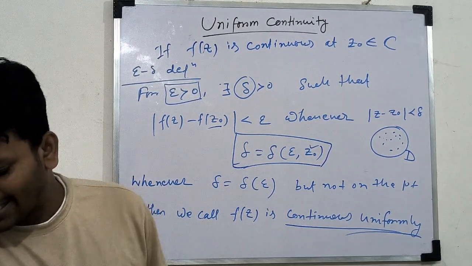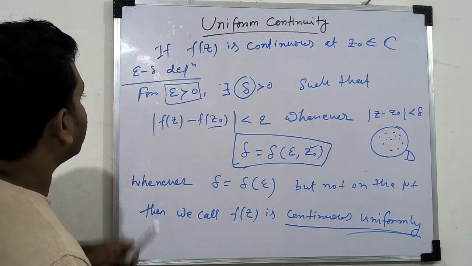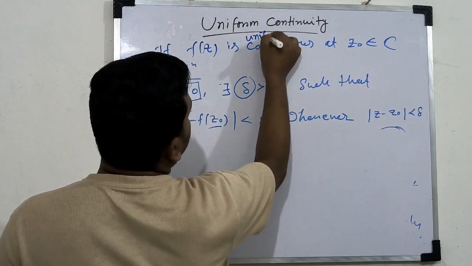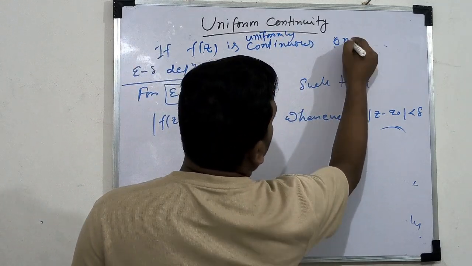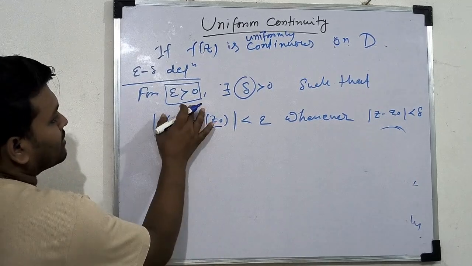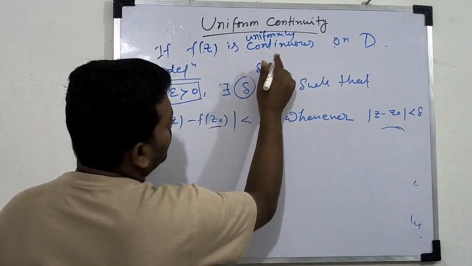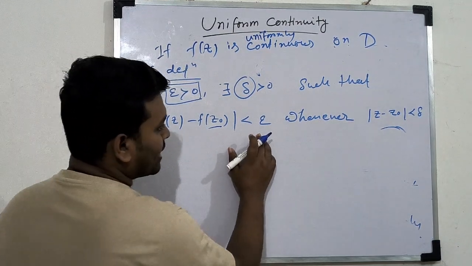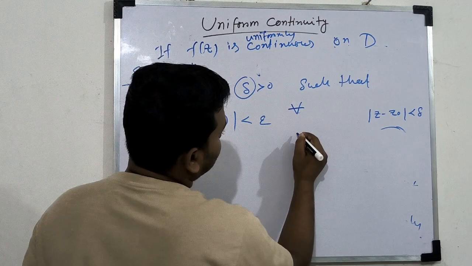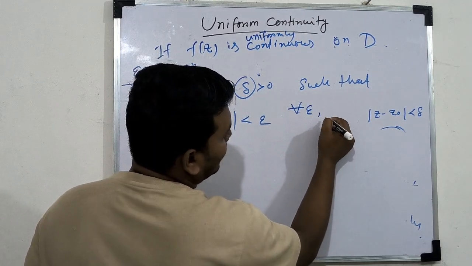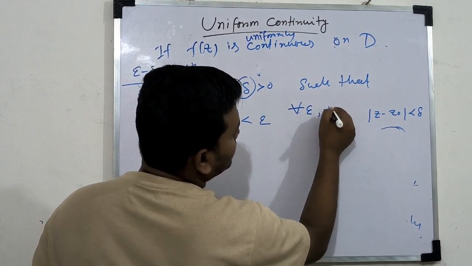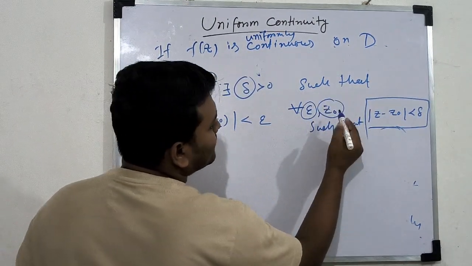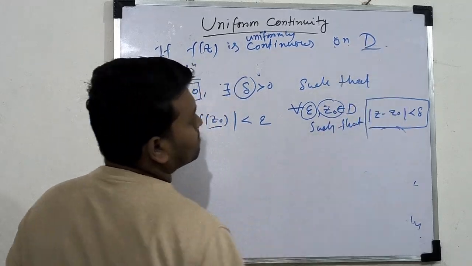So for a uniformly continuous function, the epsilon-delta definition will be like this. f(z) is uniformly continuous on D if, for epsilon greater than 0, there exists delta greater than 0 such that |f(z) - f(z0)| is less than epsilon for all z, z0 such that this condition is satisfied. For any epsilon and for any z0 which belongs to this D, obviously.